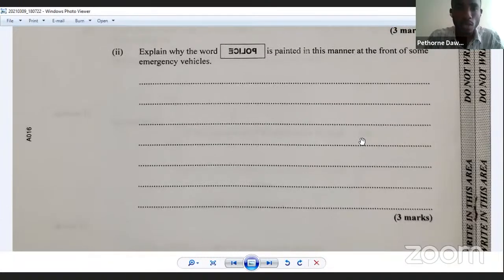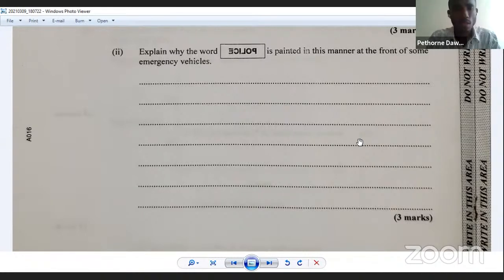Explain why the word shown there, which is police, written as if somebody doesn't know how to write, is painted in this manner at the front of some emergency vehicles. Does anyone know? I know you probably would have seen it. Probably not police, but definitely ambulance. Right? Have you ever seen this?